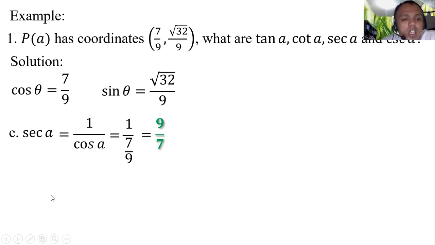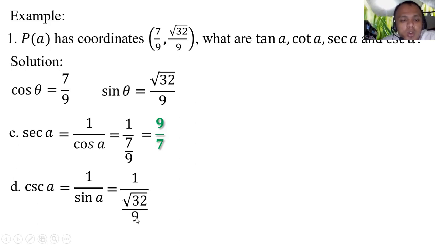Now next, cosecant A naman. Now ano yung formula natin? 1 over sine A. So what is your sine A? We have 1 over square root of 32 over 9. Now get the reciprocal of square root of 32 over 9, magiging 9 over square root of 32.